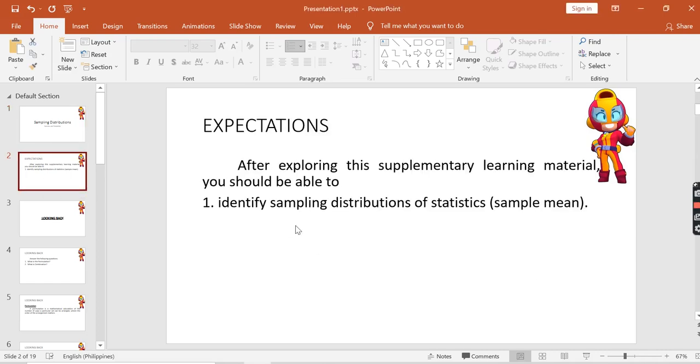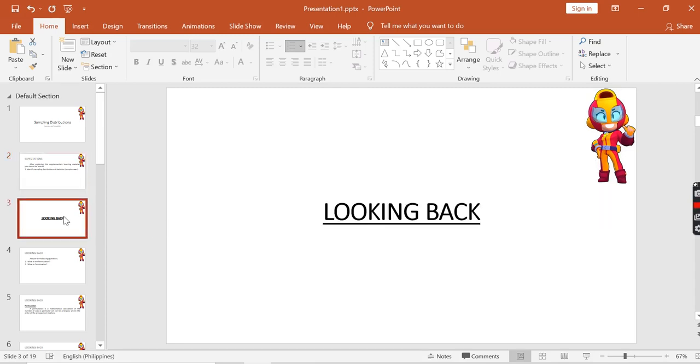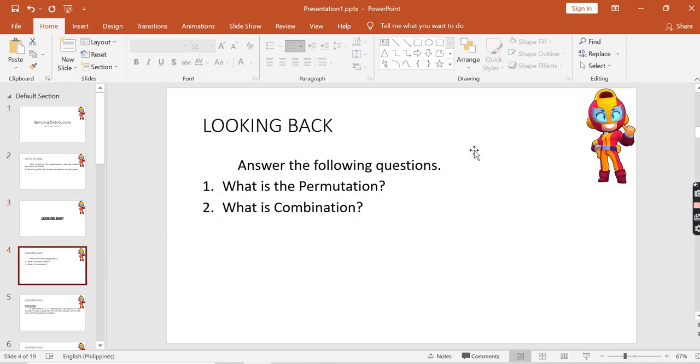Before we proceed, at the end of this lesson, you should be able to identify the sampling distribution of a statistic or the sample mean. But before we totally proceed with our topic, let's look back on some terminologies that are connected with probability and statistics.